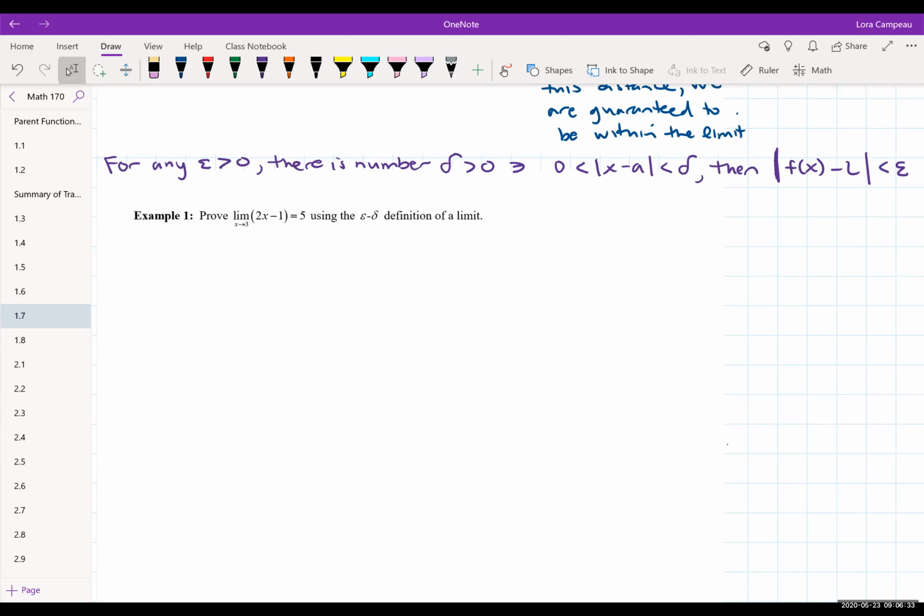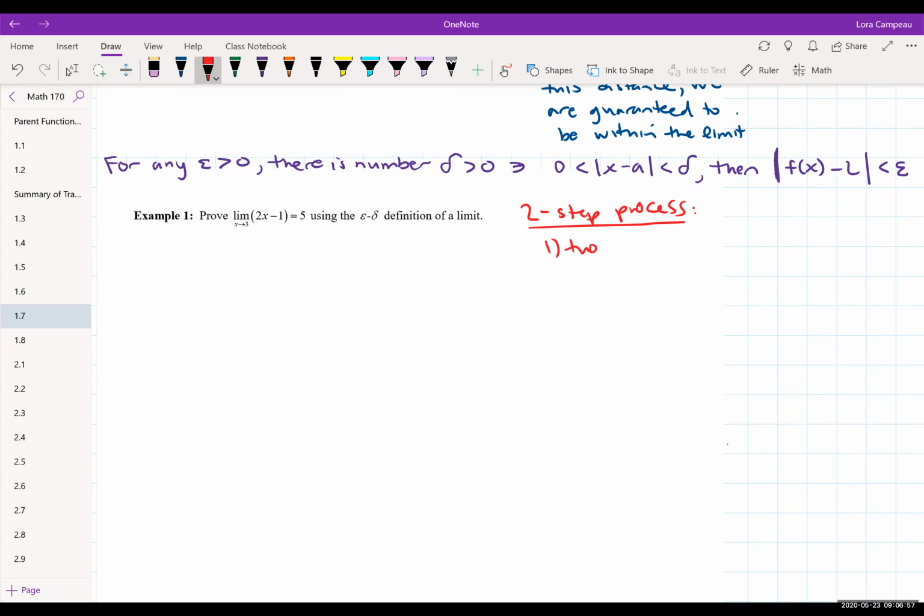So this is a 2-step process. A lot of times what we like to do is write out our thoughts so we can work this through, and then we have an actual proof that we're going through. Our thoughts are like our scratch work for our actual formal proof, a rough draft.